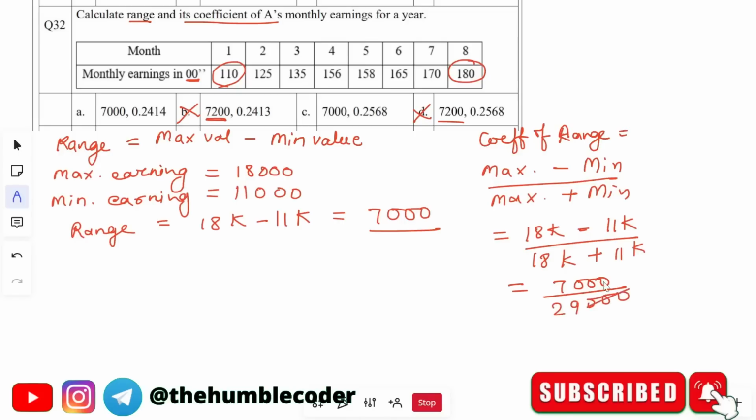So 7 by 29, if you solve it, you will get 0.2414. So we have range as 7,000 and coefficient as 0.2414, which is option A. That is why the correct answer in this case is option A.